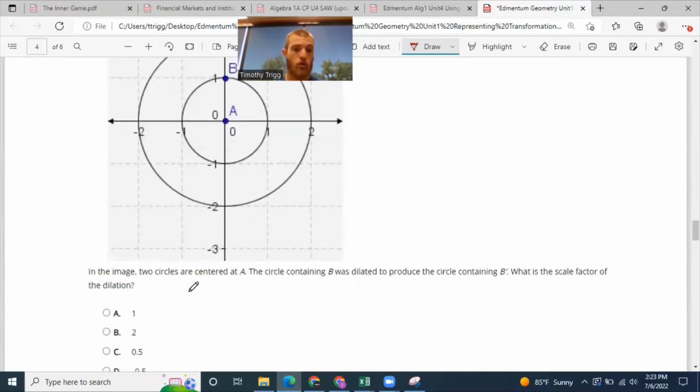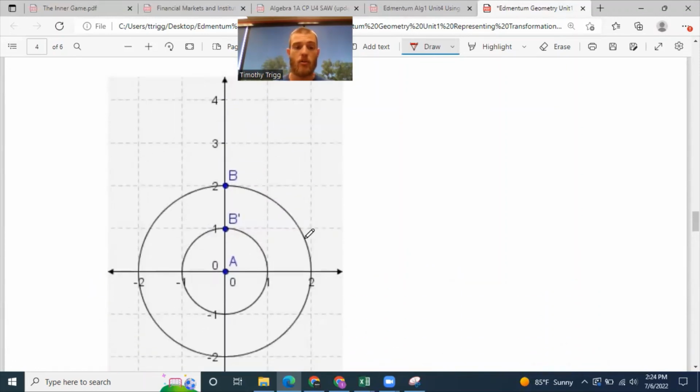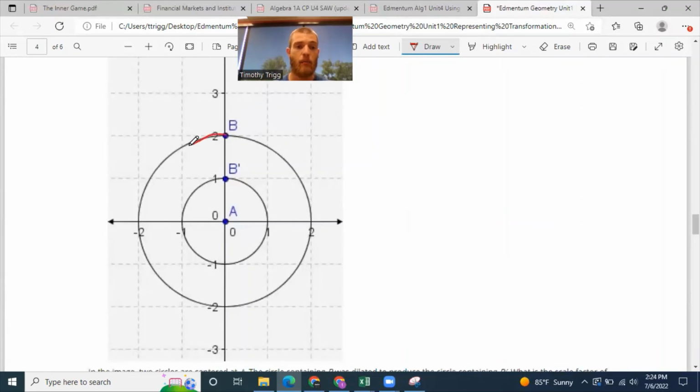In the image, 2 circles are centered at A. The circle containing B was dilated to produce the circle containing B prime. What is the scale factor of the dilation? So in this case, the B is the original shape. That's your pre-image. And then you dilate to produce this smaller circle.